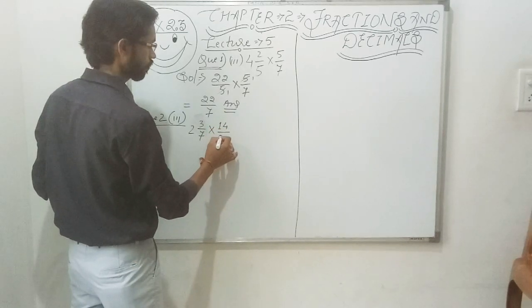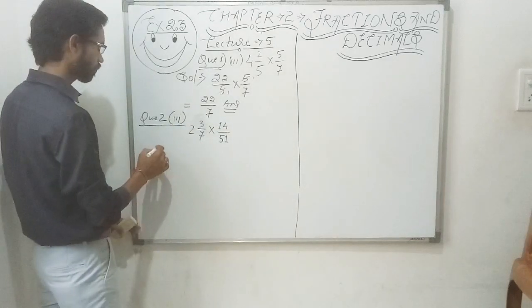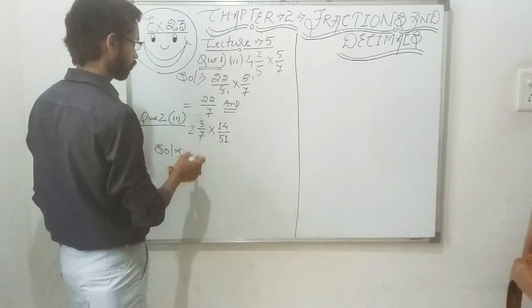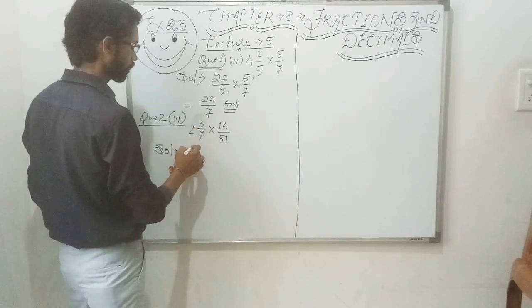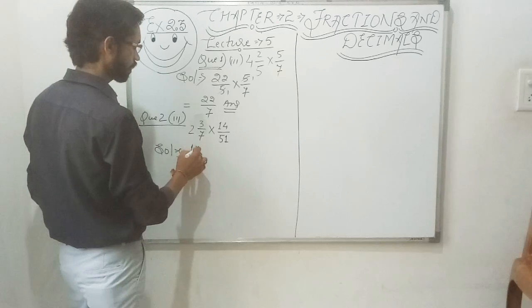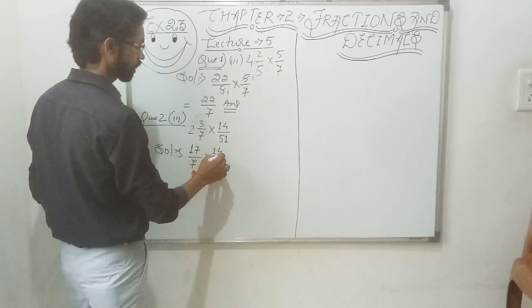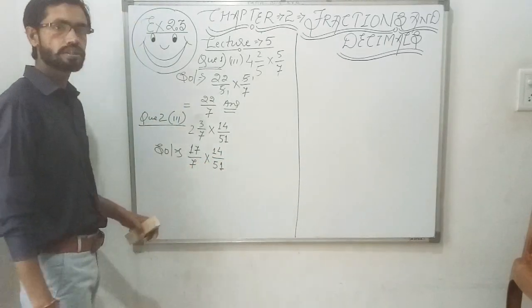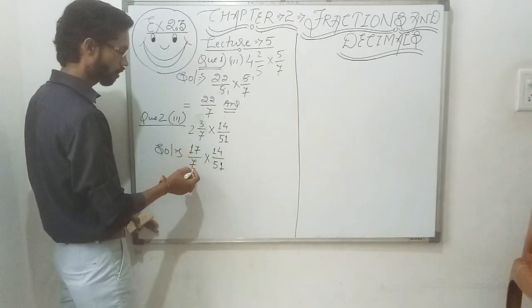Again we will convert this fraction into an improper fraction, then we will cancel out. 7 twos are 14 plus 3 is equal to how much? 17/7 multiplied by 14/51. Now from the cross, we can see that 7 and 14 come in the table of each other.